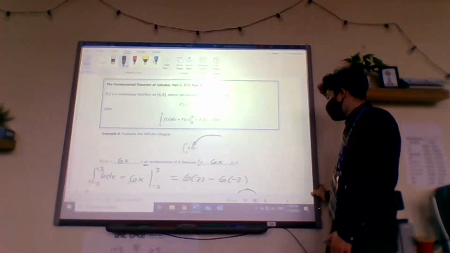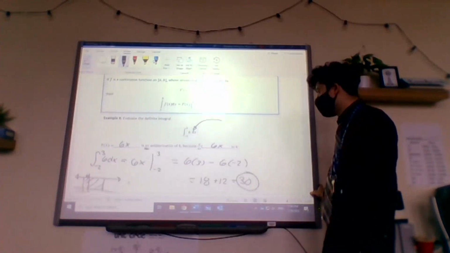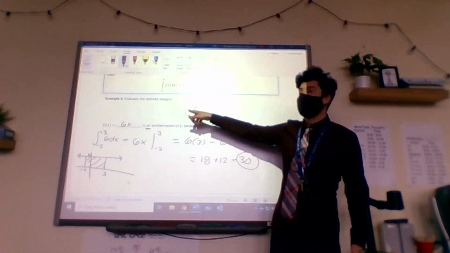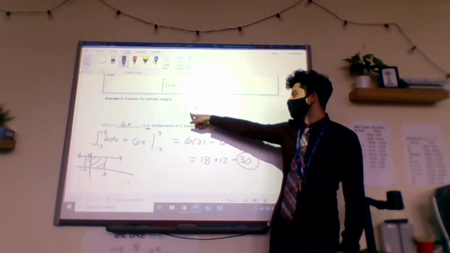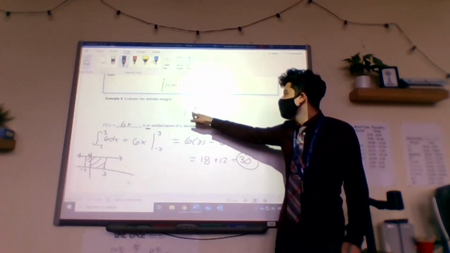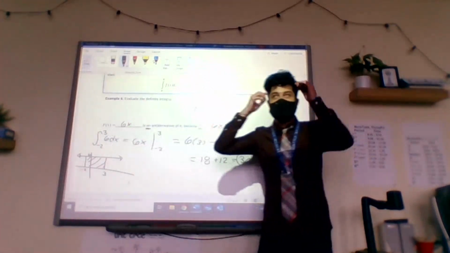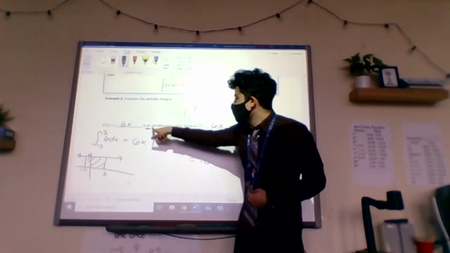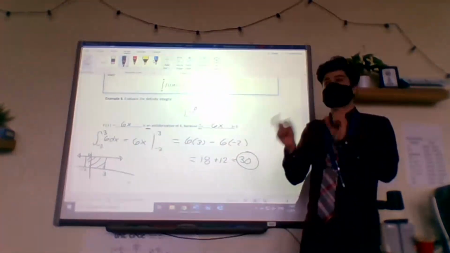In other words, if you're trying to take the area or the integral between -2 and 3 of any function, like in this case the constant function 6, then what you do is you take the antiderivative, as in what did I have to take the derivative of to get 6, and then plug in the top number and your bottom number and subtract the two.